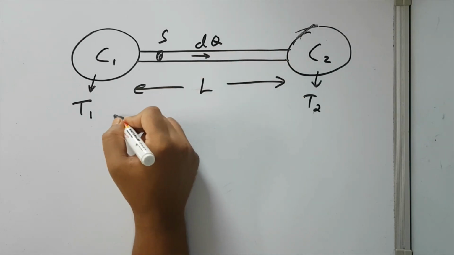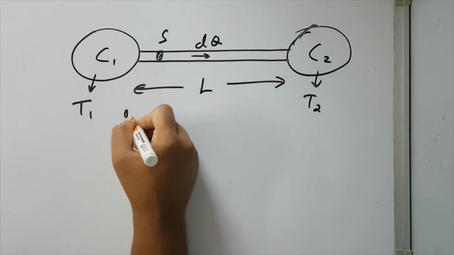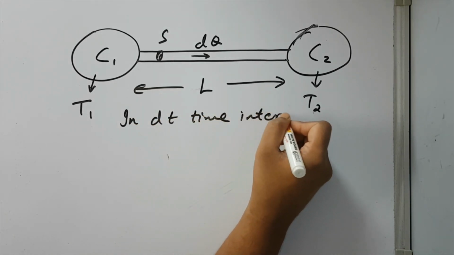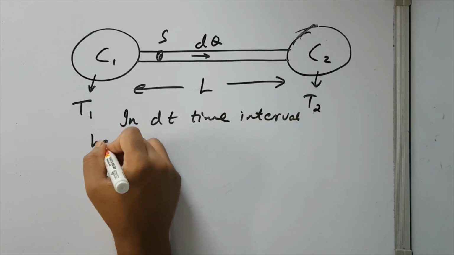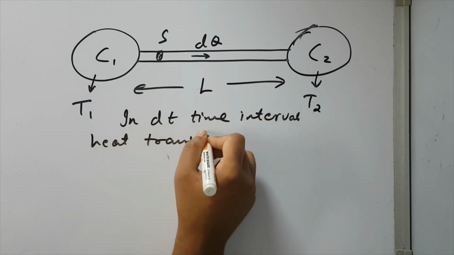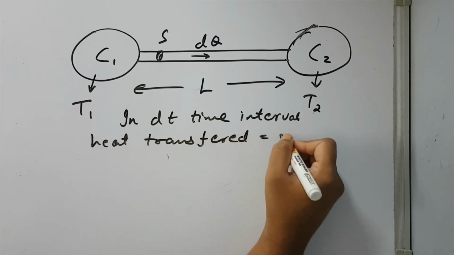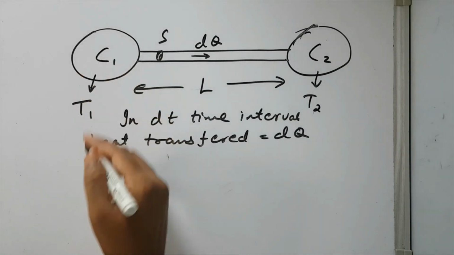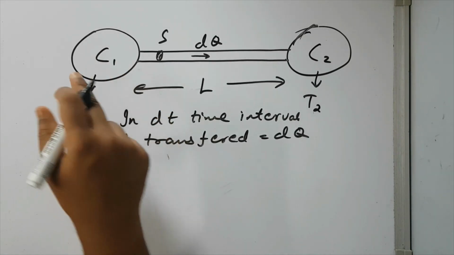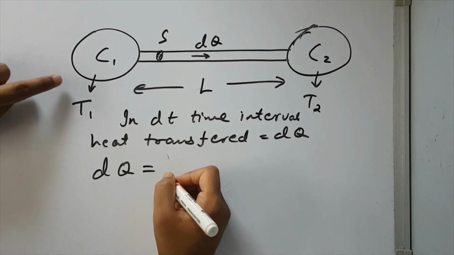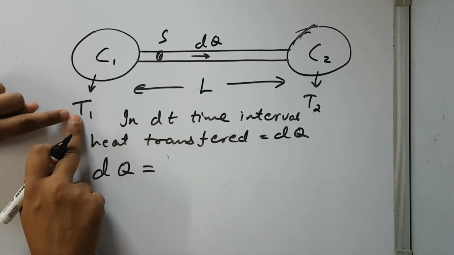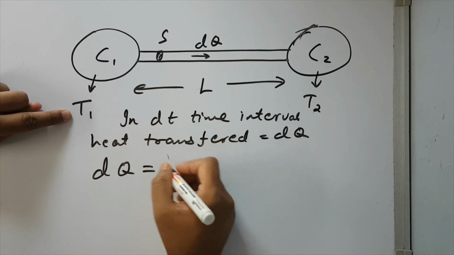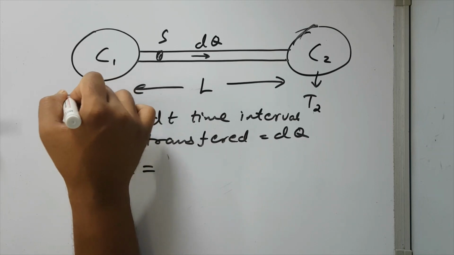So let's say in dt time, dq heat is flown. We'll take a small time interval. In dt time interval, heat transferred is equal to dq, right? For this body, if it loses heat dq, then its temperature changes from T1 to T1 plus dT1.